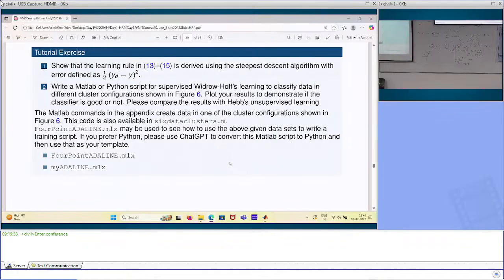Write it down, you got 4 points, right? And you know how to take the derivative of this. You know y is w1 x1 plus w2 x2 plus b. You know the points, right?